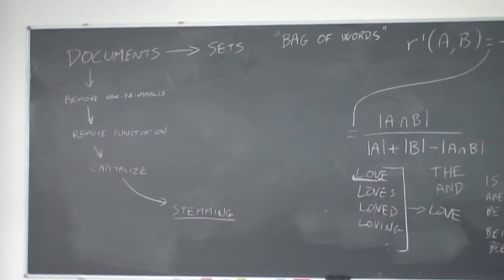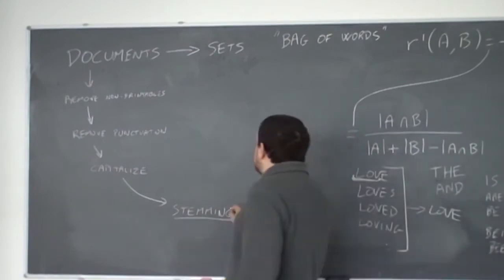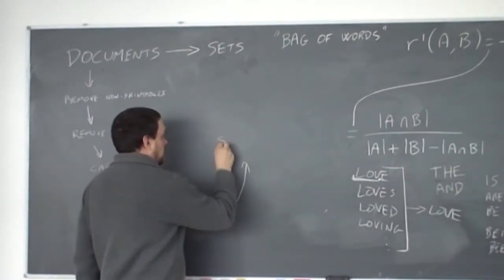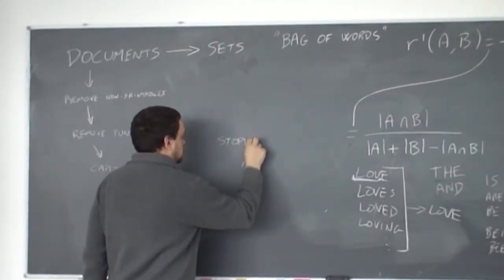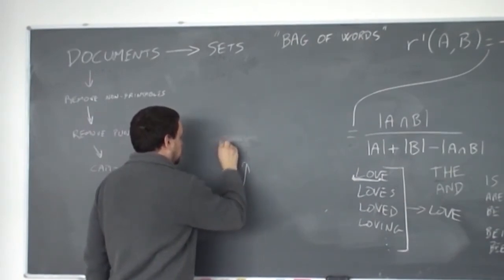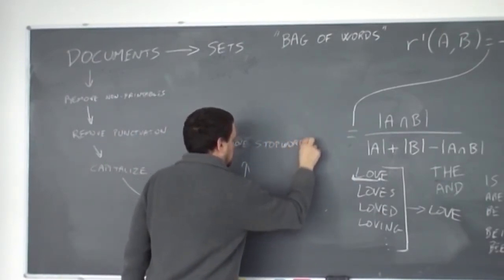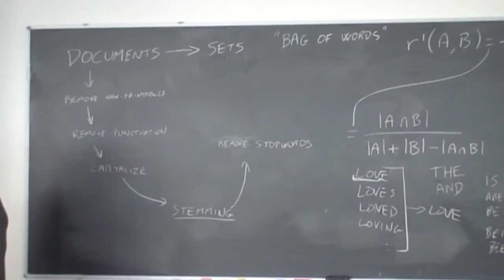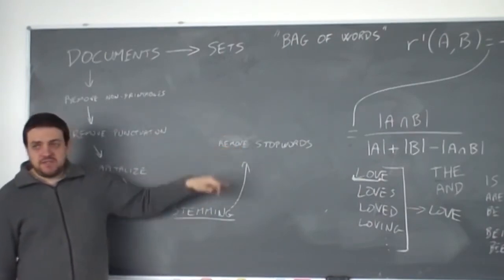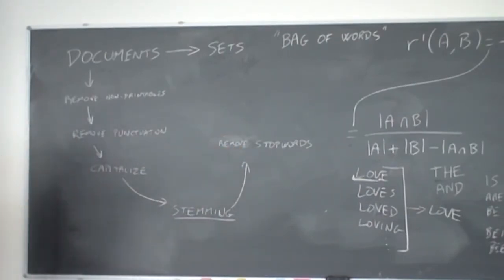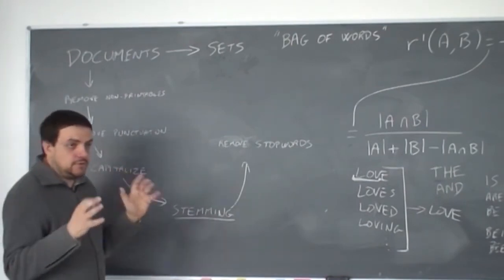They don't add any information about the document. And this is bad. We want to remove them. So, next step: remove stop words, words that are too common to consider. After we have done this, we have a proper set of words that represent our document.